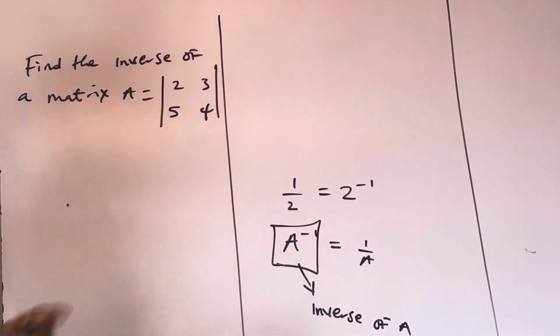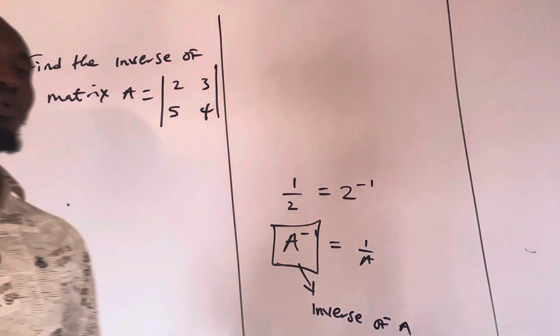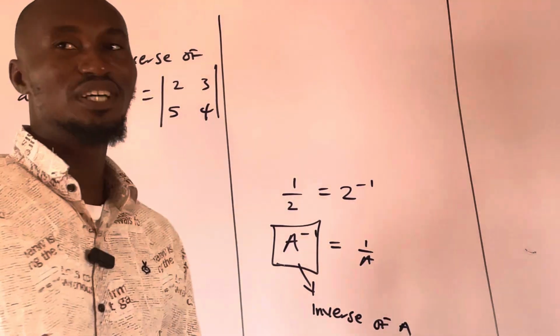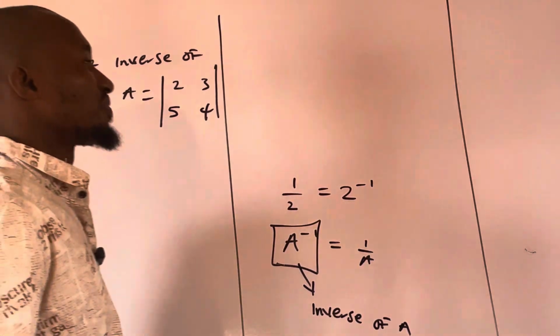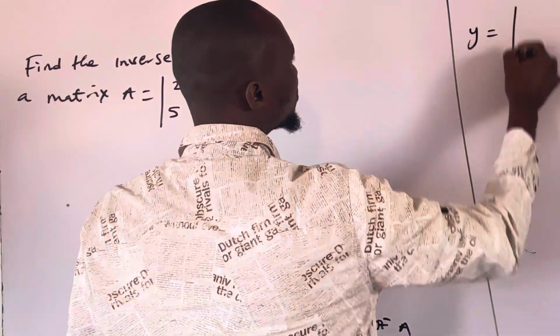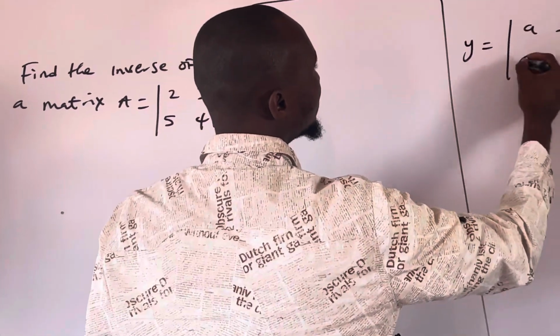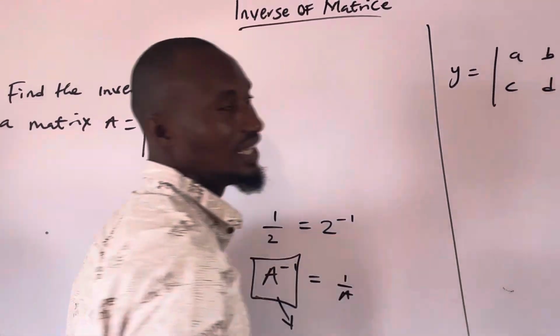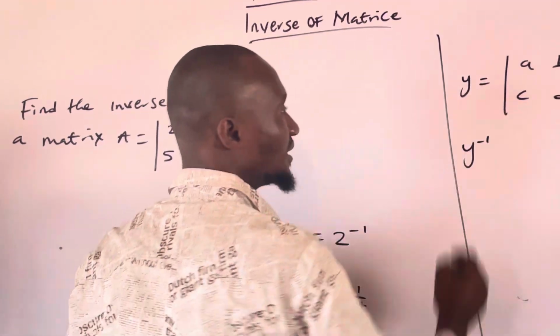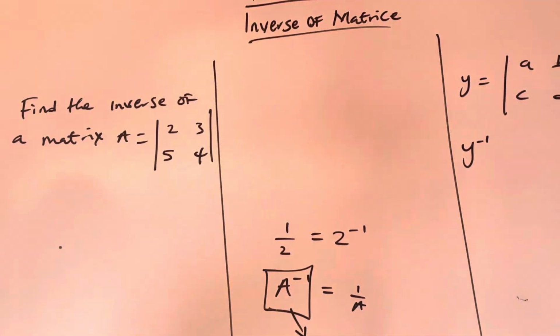Okay, before I solve this question, I want to use alphabet to explain the inverse of a matrix. How? Look up here. If y is equal to a, b, c, d, and we are asked to find y inverse, how do we do that?